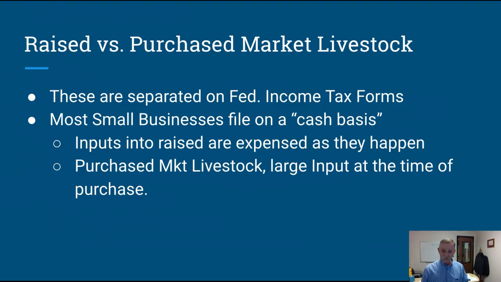We're no different. Well, we are in this one aspect, is that we've got raised versus purchased market livestock. Okay, and accounting has a little bit of a trouble with this cow that we're putting hay into. We're putting her out on pasture and feeding her forage and maybe some supplements and that sort of thing, vaccinations and health concerns, putting those kinds of costs into her.